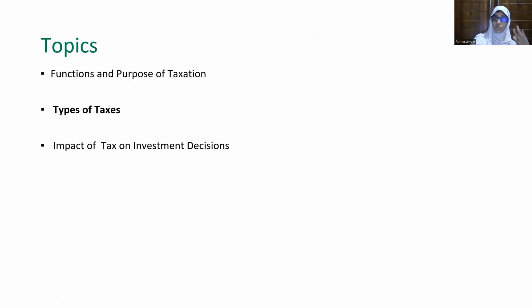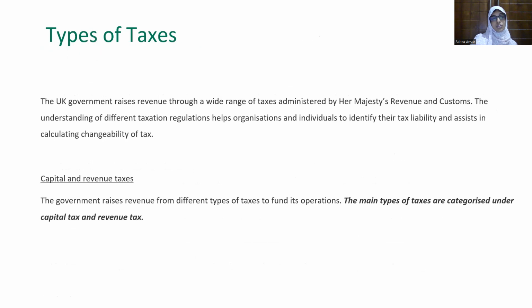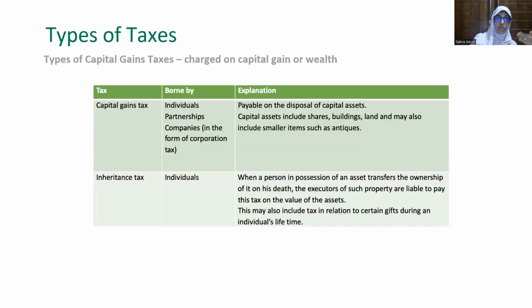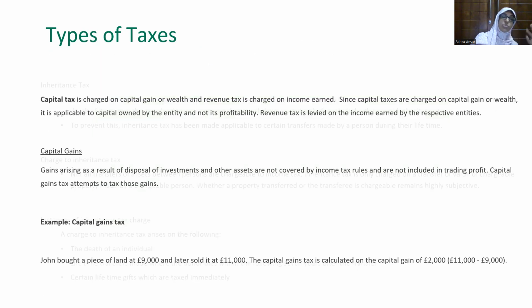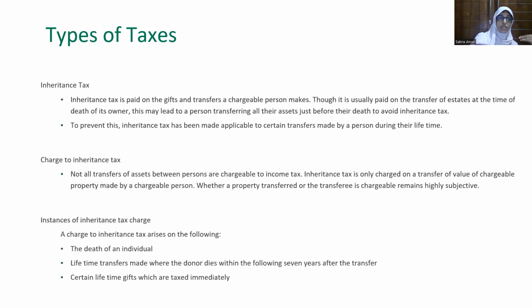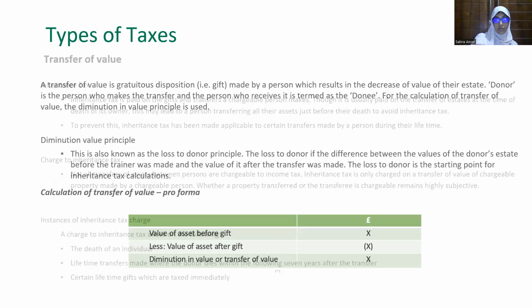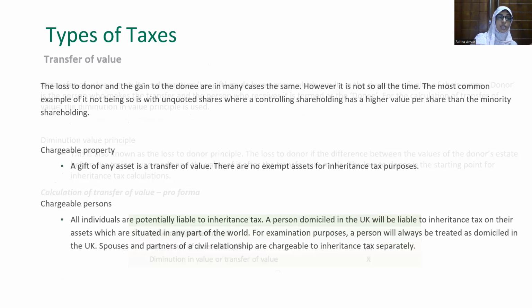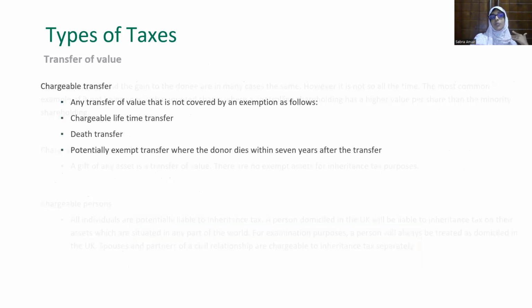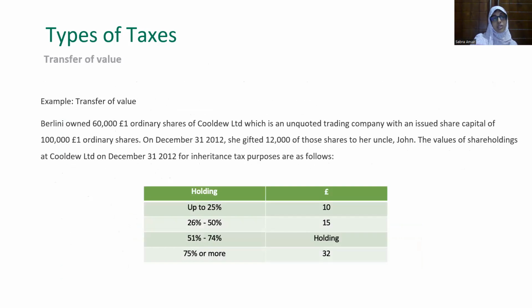Then we moved on to the types of taxation, where we talked about capital and revenue taxation, capital gains tax and the inheritance tax. Then we moved on to transfer of value, how it can be calculated, and what chargeable property, chargeable persons and chargeable transfers are.